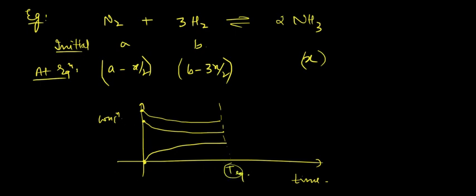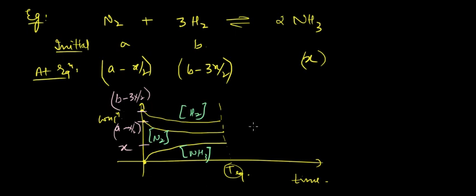Okay, so this is the concentration graph of H2. This is for N2 and this is for NH3, where the points are: for NH3 it was x, for N2 it was a minus x by 2, and for H2 it was nothing but b minus 3x by 2.